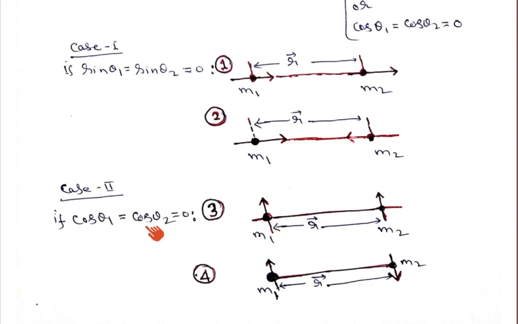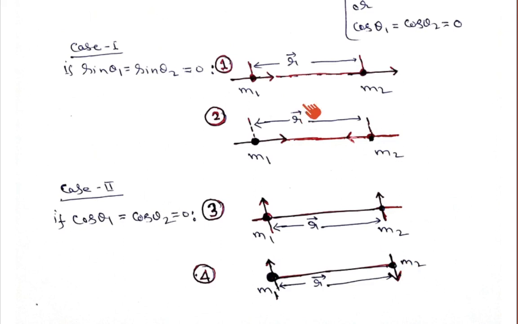So this first configuration will give M1 along this direction and M2 along this direction. Similarly, another possibility may be there, M1 should align in this direction and M2 may align in this direction. In this case also sin theta 1 and sin theta 2 equal to 0 satisfy the condition.